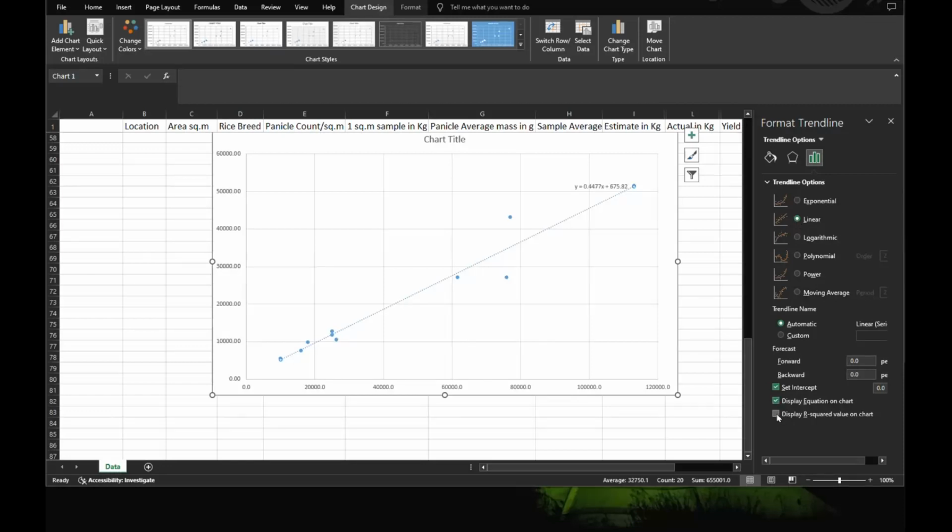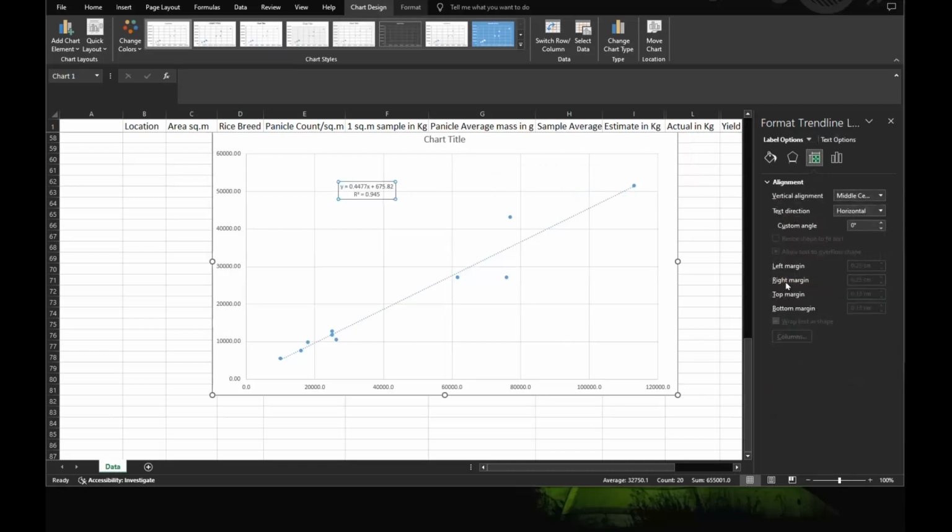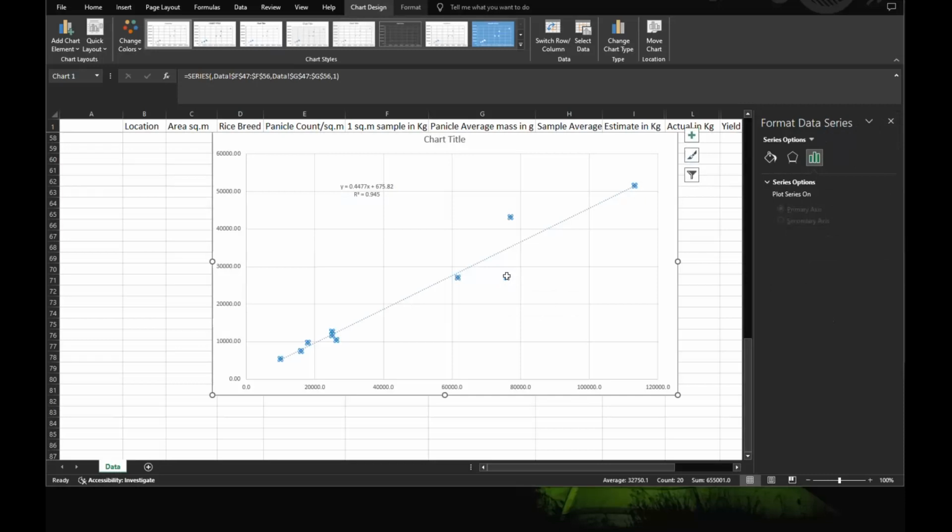Display the determinant value. And let's see here, why is there an offset? I set it to 0.